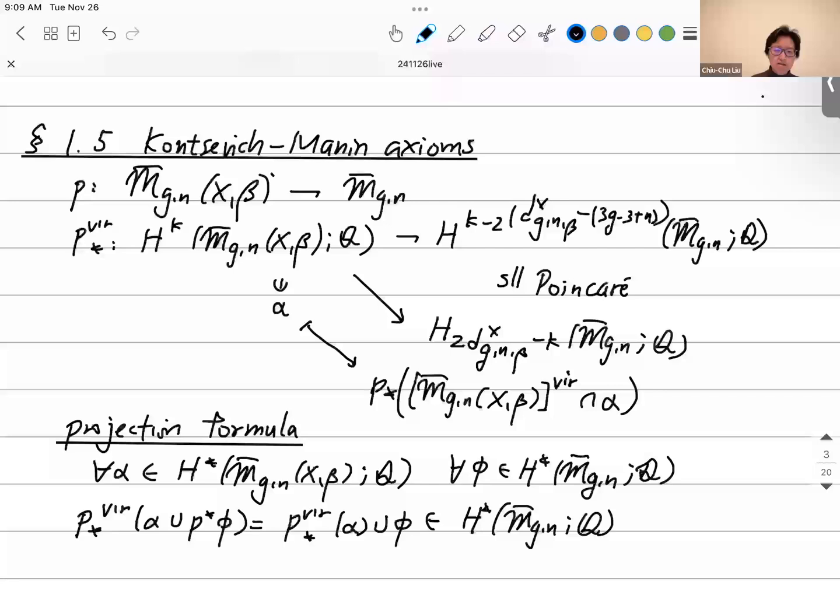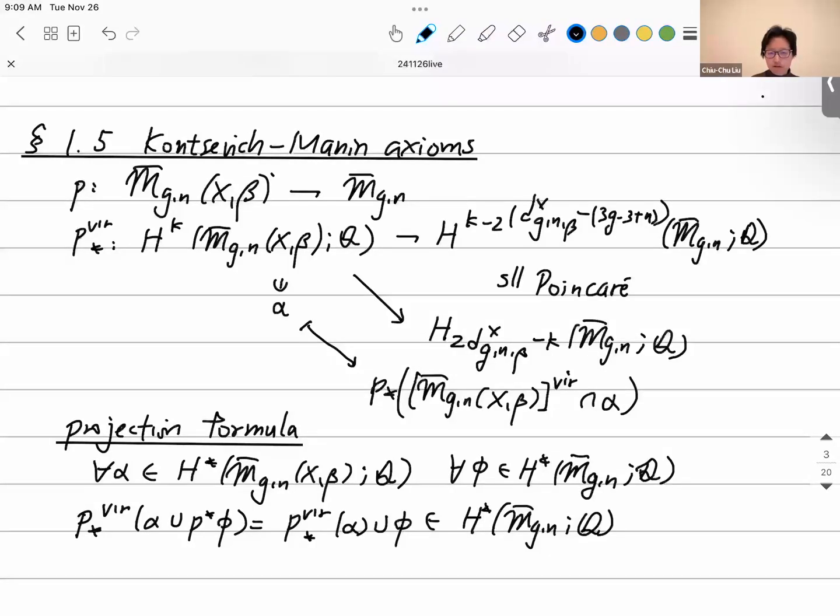So more precisely, if you give a degree k cohomology class alpha on the moduli of stable maps, and we cap it with the virtual fundamental class, we get a homology class of degree 2 times the virtual dimension minus k, and we can just push forward.